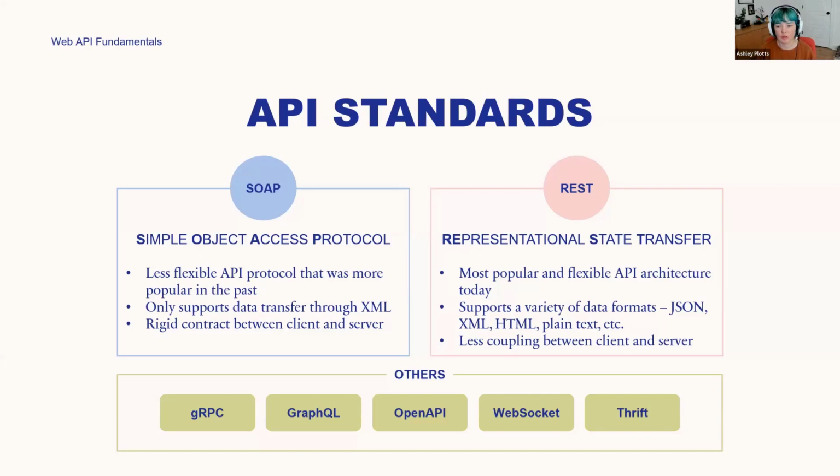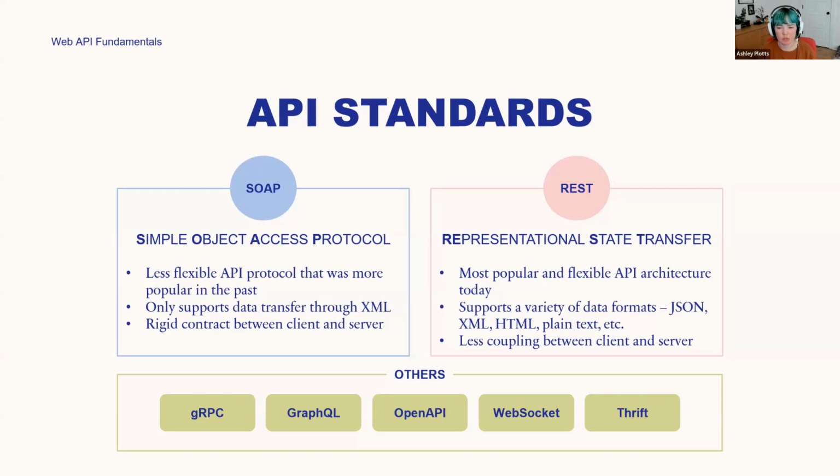So SOAP requires a little more bandwidth or paper and requires extra work for both parties, like sealing and unsealing the envelope. So those are the two big API standards you'll see as you're researching. There are some others. I think possibly the biggest one you'll see is gRPC, which RPC stands for Remote Procedure Call.